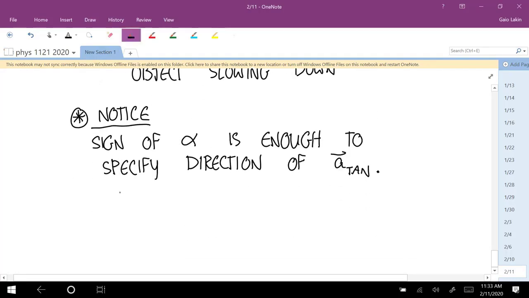If alpha is positive, that's a counterclockwise angular acceleration, and if alpha is negative, that's a clockwise one.